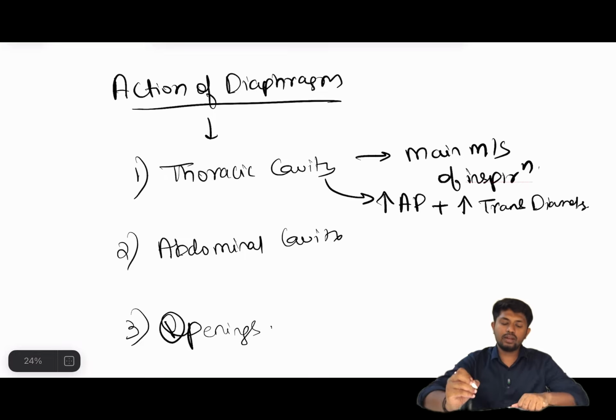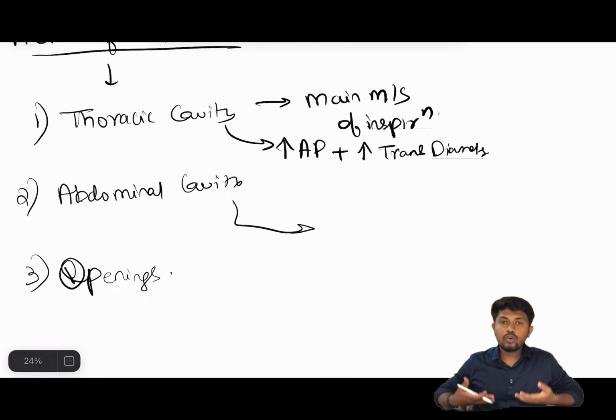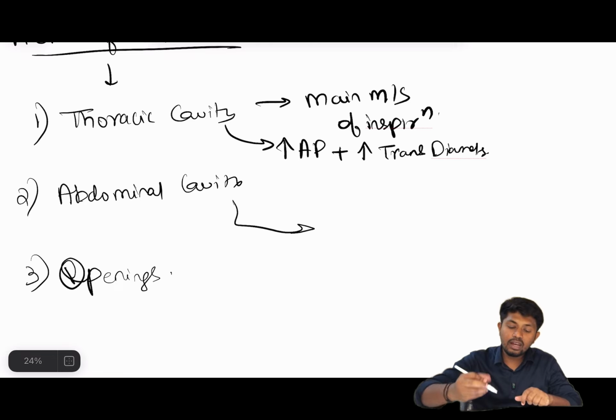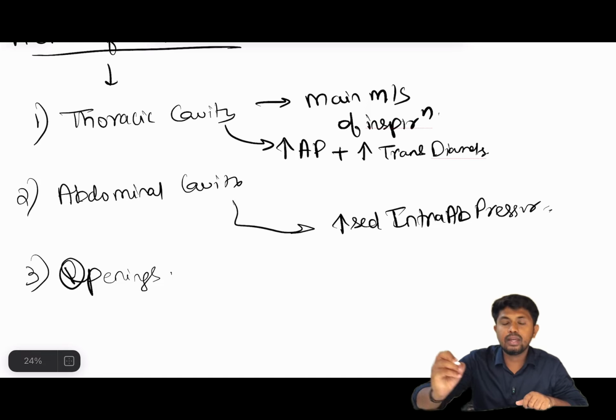Now, as we know, during inspiration the diaphragm will go down and contract, so the abdominal viscera will be compressed downwards and it will increase the intra-abdominal pressure in the abdominal cavity.